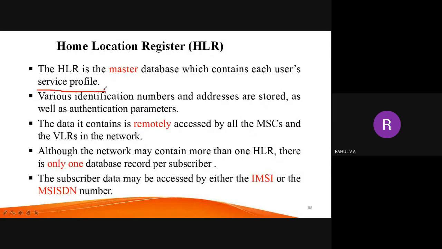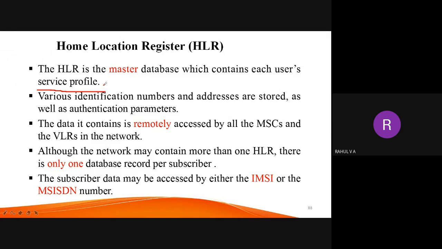It will have all your details: your SIM card, mobile equipment, the SIM number, the mobile equipment IMEI number. Every SIM has a certain number, PIN code, everything. All this data will be in the Home Location Register.